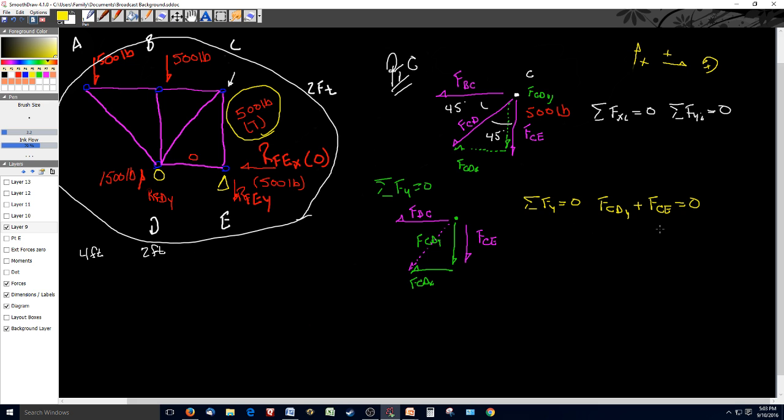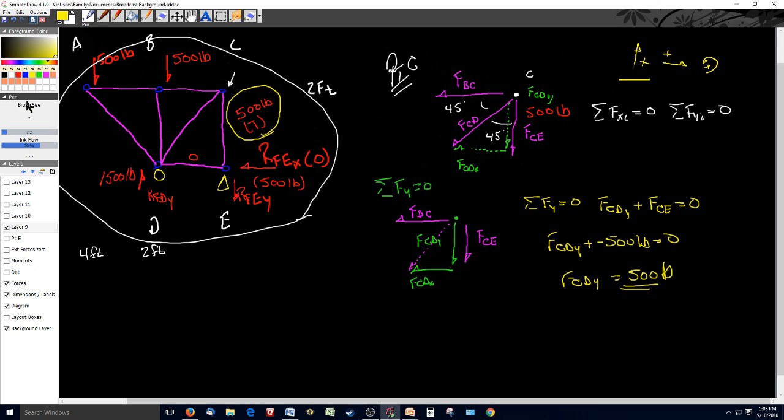Now I know FCE, and that's 500 pounds, using our conventions up here. It's a negative 500 pounds, so I can say FCD y plus a minus 500 pounds equals 0, or FCDY equals 500 pounds. Now, holy smokes, I got plus 500 pounds. What's that mean?